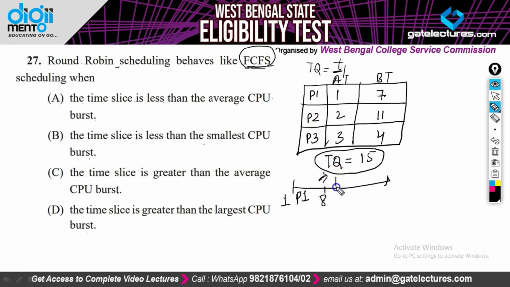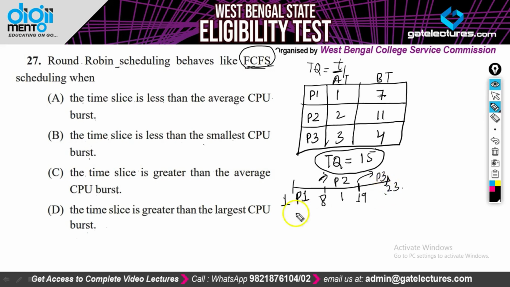Now P2 will come and be assigned 11 seconds, so it will run up to 19, and then it will go out, and then P3 will come and run up to 23.